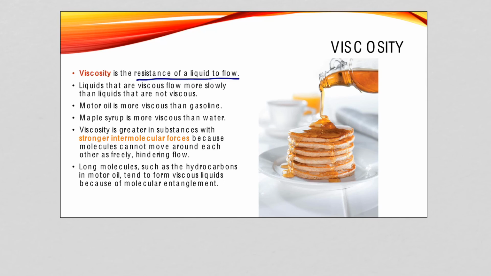So highly viscous liquids flow more slowly than low viscosity liquids. As an example, motor oil is relatively viscous, whereas gasoline has a lower viscosity. It pours more easily. We think of these as thick, and these as not so thick. Maple syrup is more viscous than water.